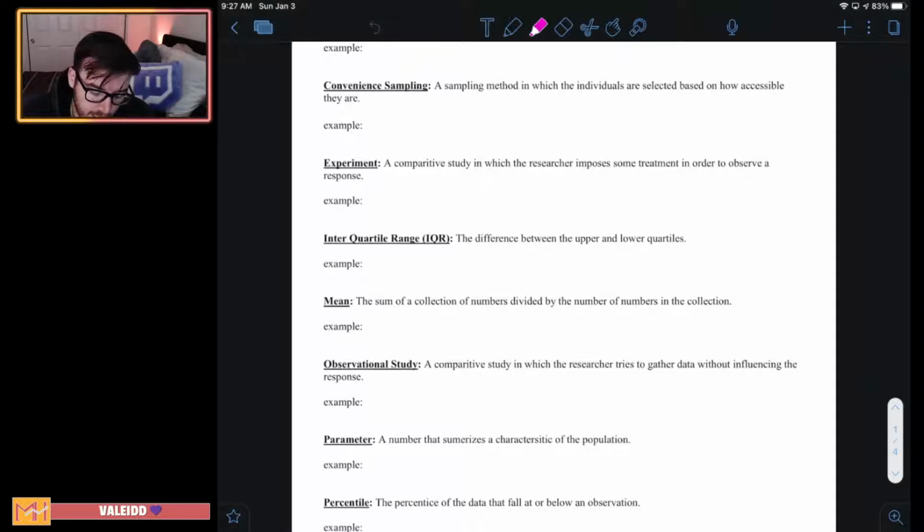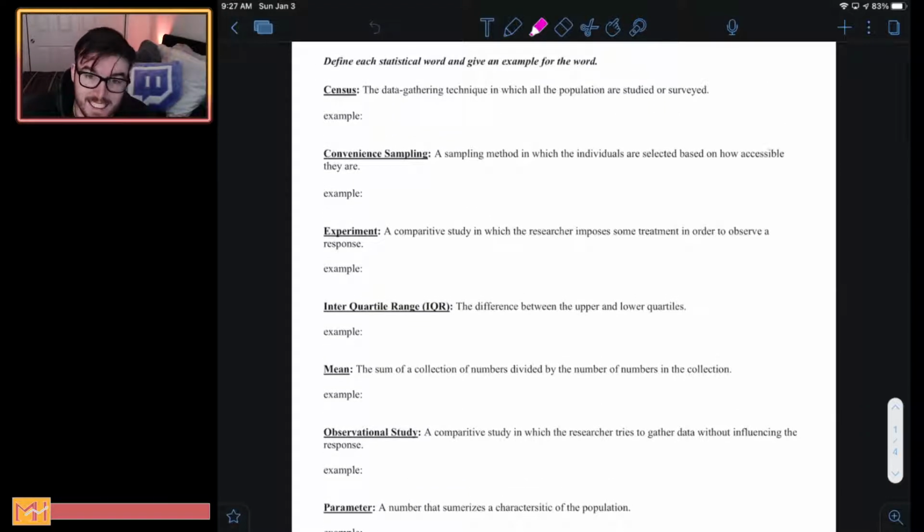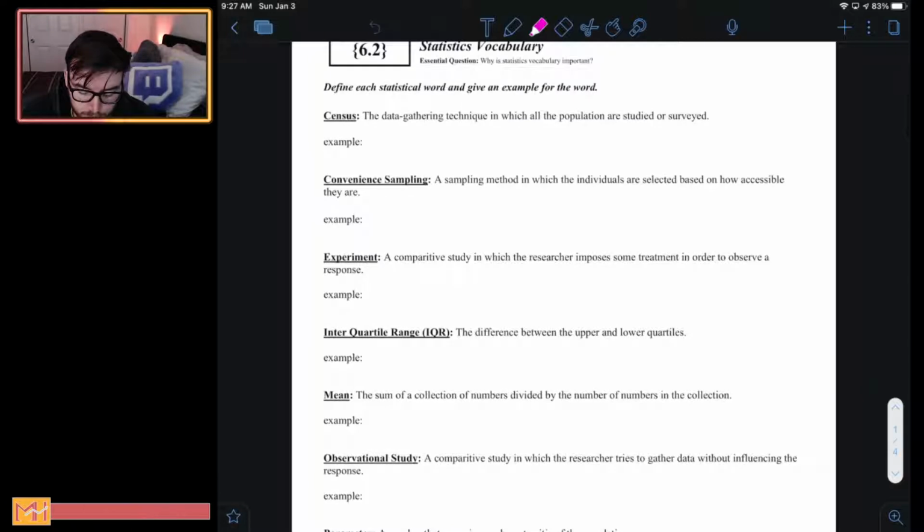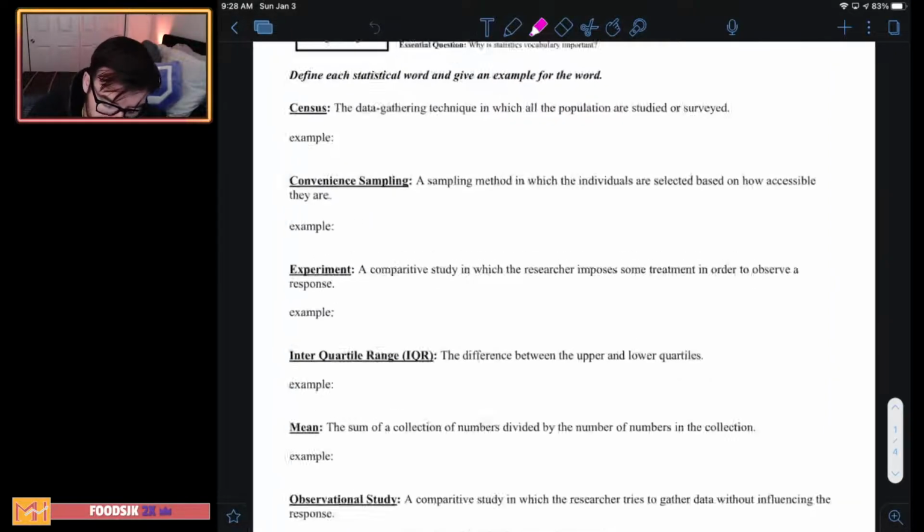In my opinion, there's not much to teach here when it comes to the definitions. If you're unfamiliar with the word, you've got the definition on the page here. You can go look up a couple examples in a dictionary or on Google or whatever, right? But these are the big words that we need to know. So this is a nice list so that you can always refer back to. Okay, but let's hit them each real quick.